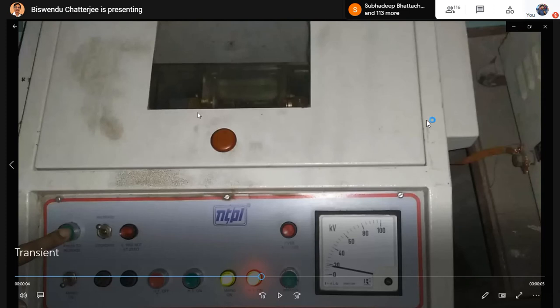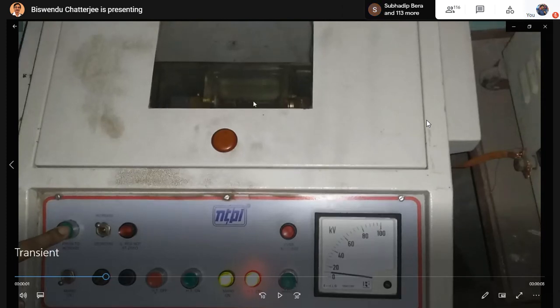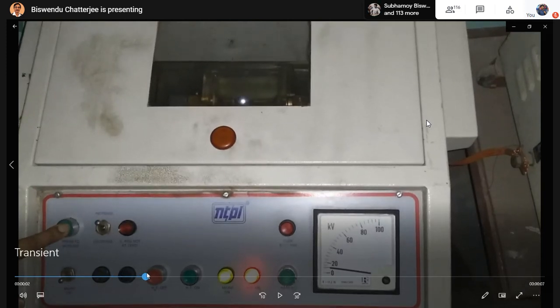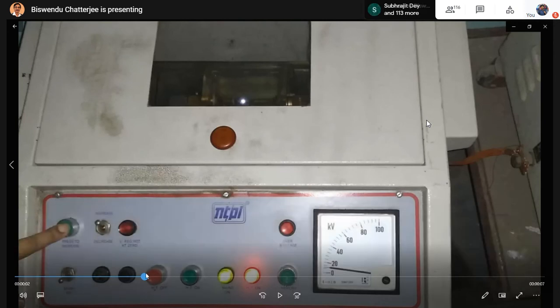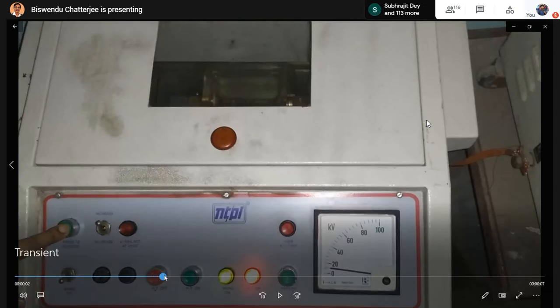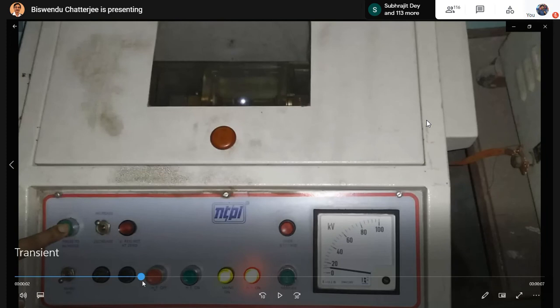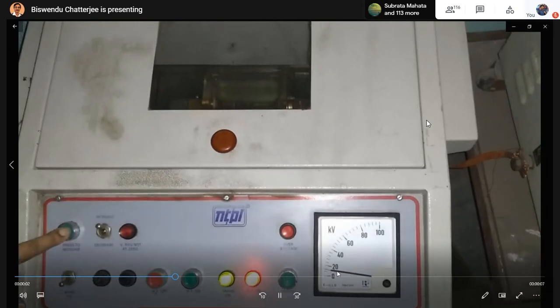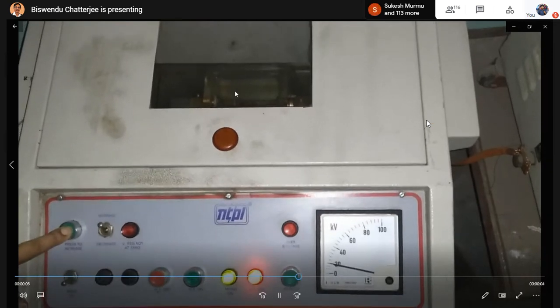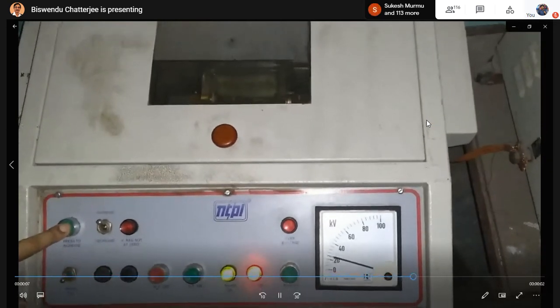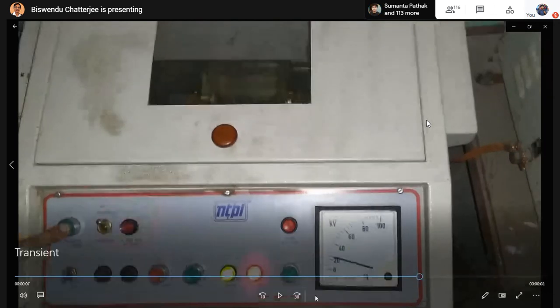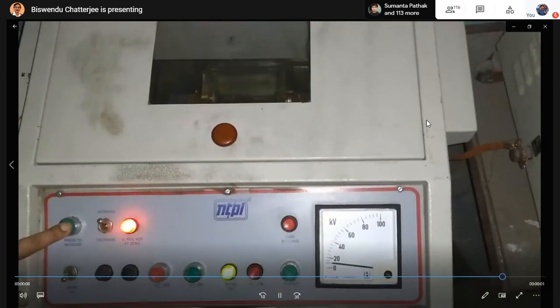The meter increased, but somewhere here there was a slight flash. Now I think it is clearly visible. A flash occurred there, but the meter is still increasing. Now when the final flashover occurs, the meter will trip to zero. See, the tripping sound is there. This is the final breakdown.